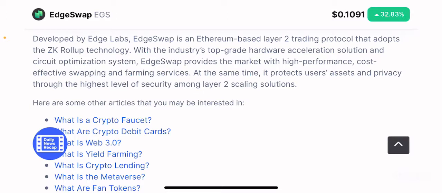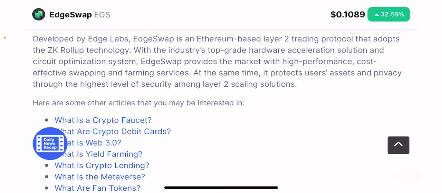So what is EdgeSwap? Developed by Edge Labs, EdgeSwap is an Ethereum-based layer 2 trading protocol that adopts the ZK rollup technology. The platform is built and developed by Edge Labs, and it adopts the ZK rollup or the ZK-SNARKs rollup technology, which is one of the most advanced cryptocurrency blockchain techs out there, and they're using this technology to do a layer 2 trading protocol, right?